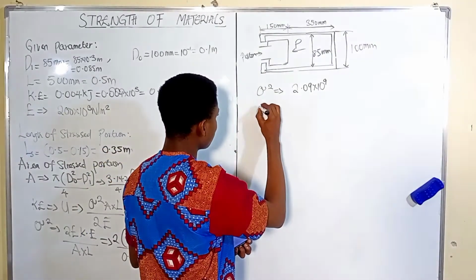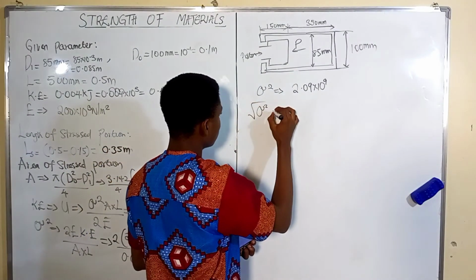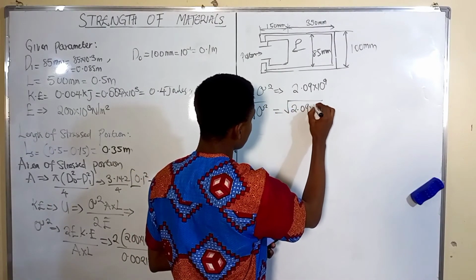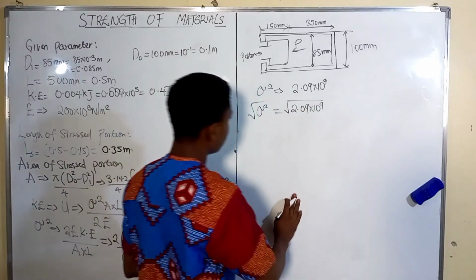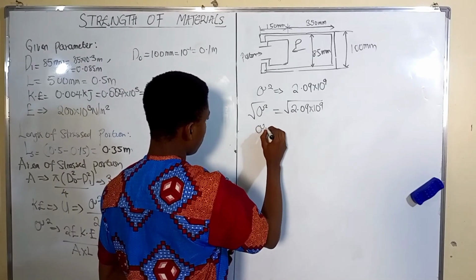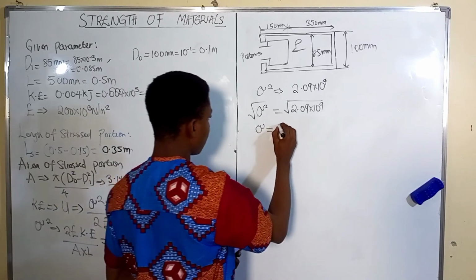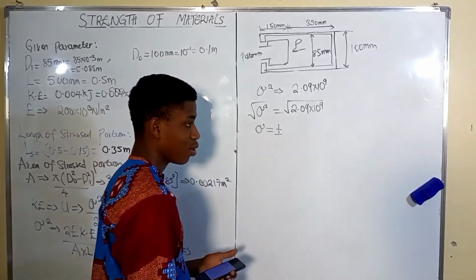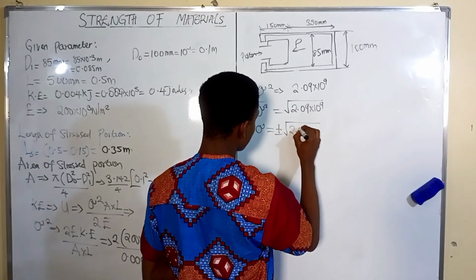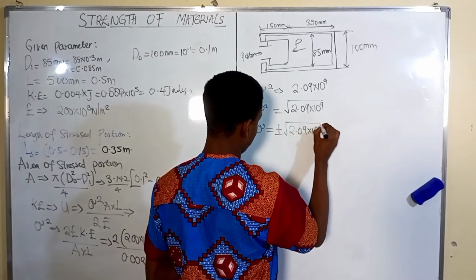So we take the square root of both sides. We have the stress equal to the square root of 2.09 times 10 to the power 9. Anywhere you take the square root, you're going to have either positive or negative values, so we have plus or minus.